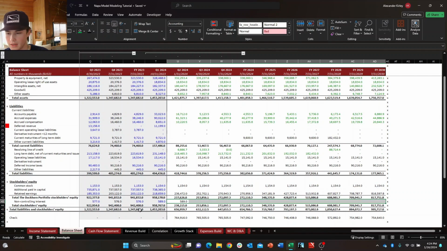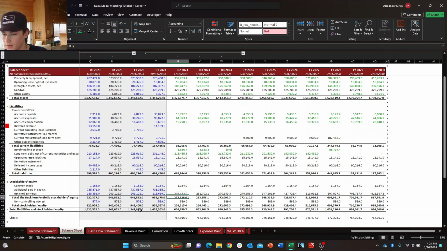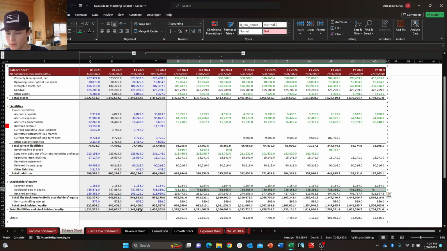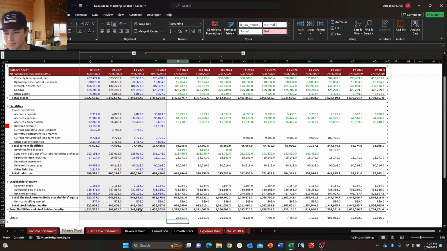Non-controlling interest, straight line. And additional paid in capital is going to be our big one here. So if we kept it straight, which we have to get into later, we can see that we are 26,000 off here, right? And what we can see is that's probably attributable to this.